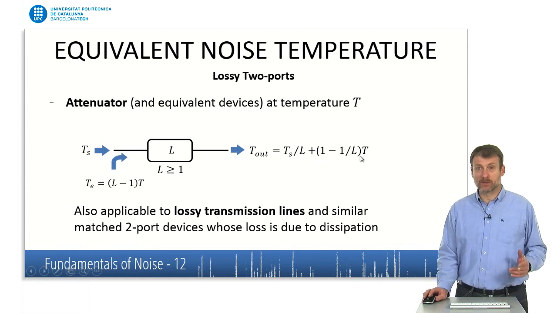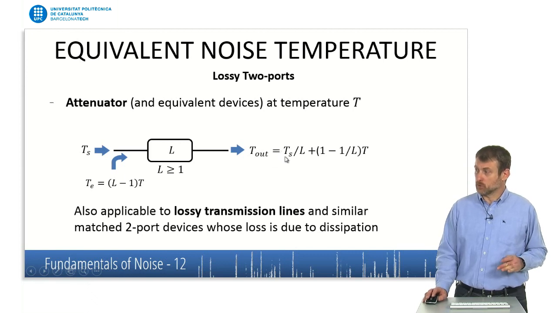And the argument is what follows. Imagine that here at the input we connect a matched resistor to this attenuator, and assume that this resistor is at the temperature T. Now, for this case, the resistor would cause here at the output a noise temperature which would be T divided by L, right?